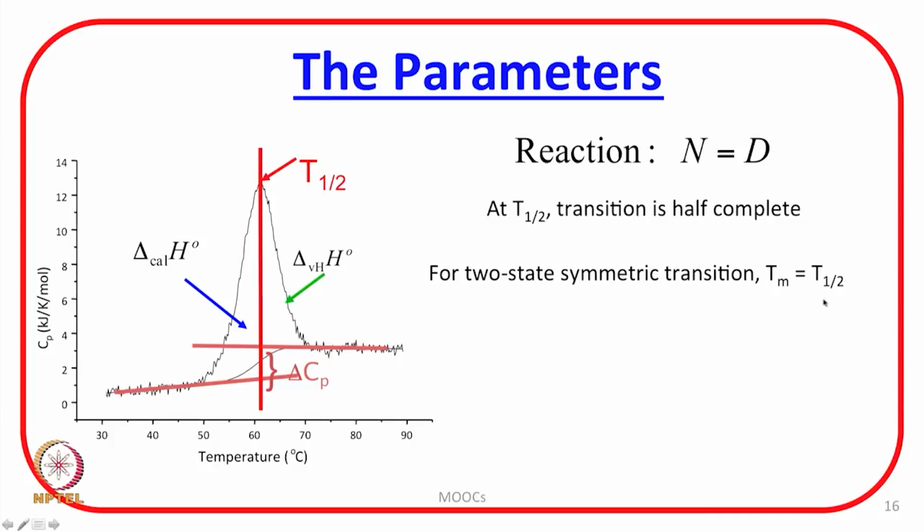That is what is commented over here. For a two state symmetric transition, Tm is equal to T half.